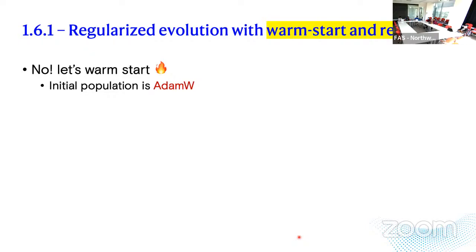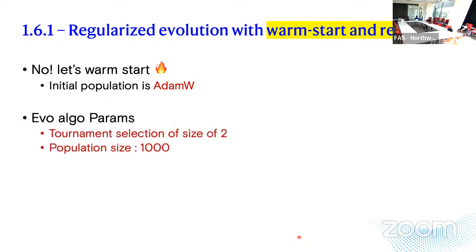It's called warm start. The initial population is basically the Adam optimizer. In terms of the P and T parameters, they have a population size of 1000 and a tournament selection size of 2, which basically means we randomly select 2, see what performs best, and then mutate. All of the initial population is the same.